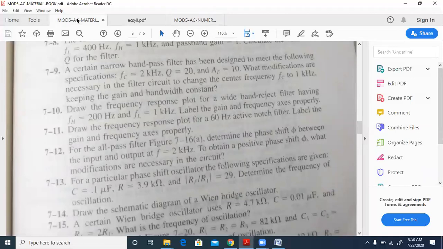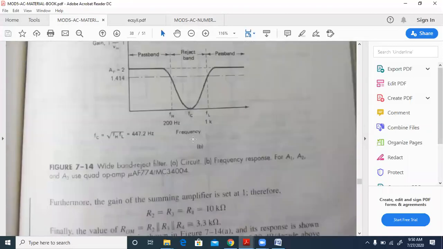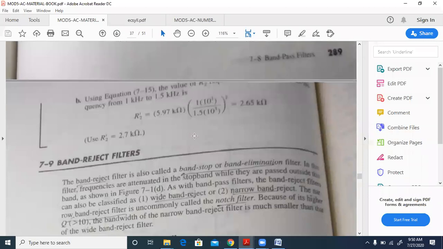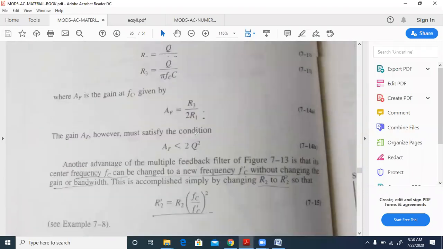Okay. So if you want me to go back to the low pass filter and high pass filter response, we can just go back to that and check what it is.